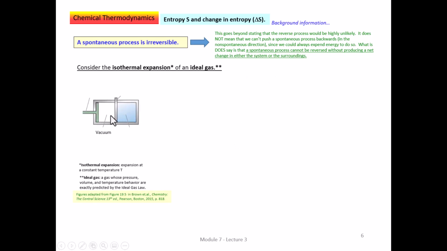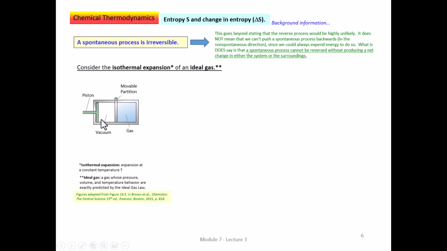Let's suppose we have 2 chambers. One side is a vacuum. It has no gas molecules in it. The other side contains gas molecules. These 2 compartments are separated by a movable partition, meaning we could just pull this out and remove it if we wanted to.